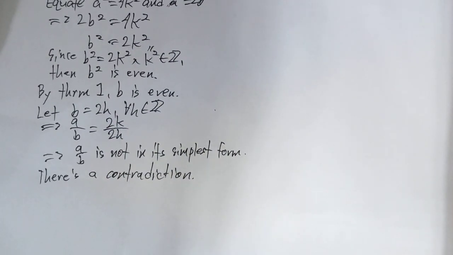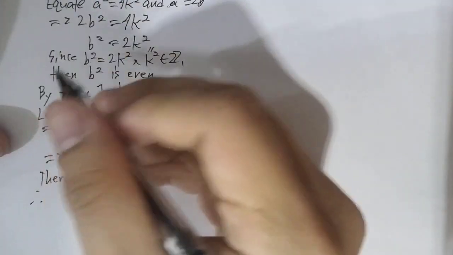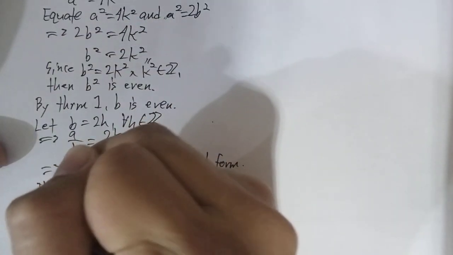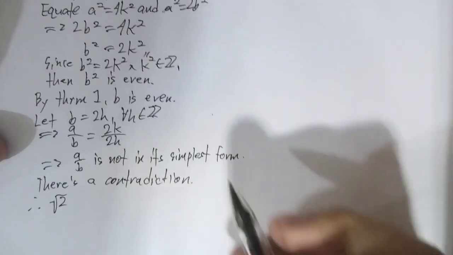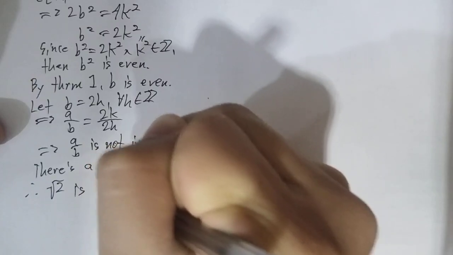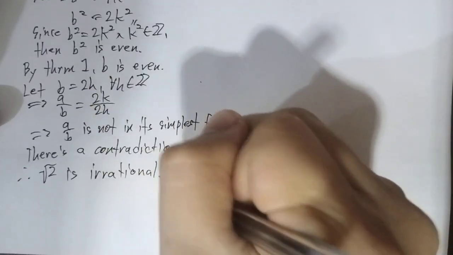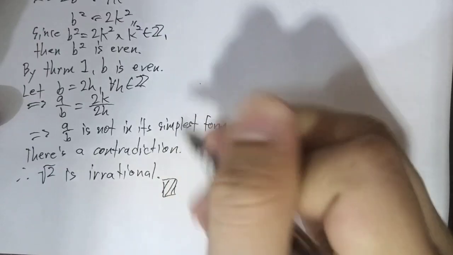Since there's a contradiction in our proof, we can now accept and say that the square root of 2 is irrational. And that completes our proof. And we're done.